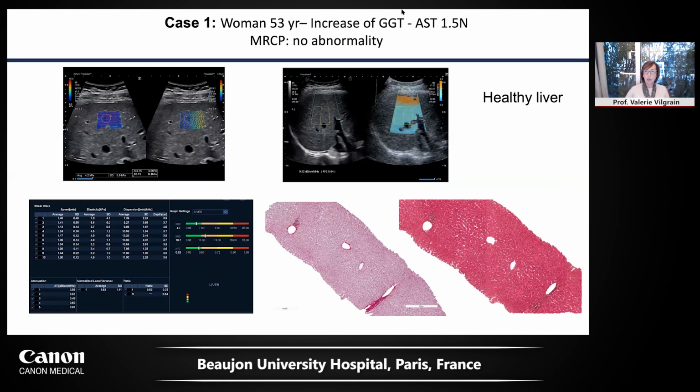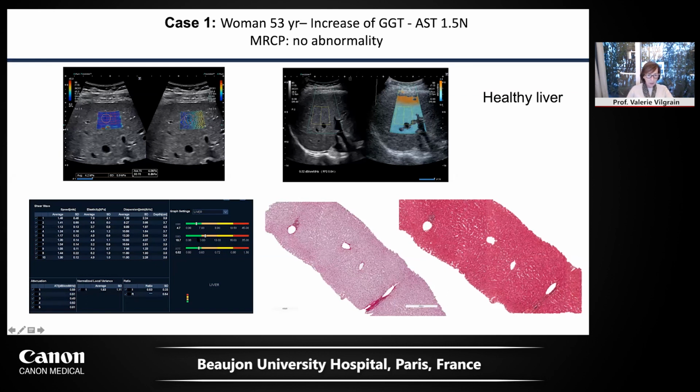This is a patient who had an increase of GGT and a moderate increase in AST. There was no abnormality on MRCP, so the patient had a complete evaluation plus a liver biopsy. And you can see here below that we have a graph showing the simultaneous values of shear wave elastography, shear wave dispersion slope, as well as attenuation coefficient.